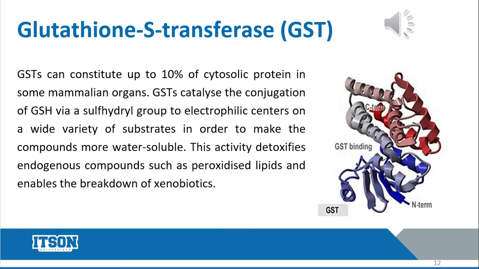GSTs catalyze the conjugation of GSH via a sulfhydryl group to electrophilic centers on a wide variety of substances in order to make the components more water soluble, and this activity detoxifies endogenous components such as peroxidized lipids and enables the breakdown of xenobiotics.